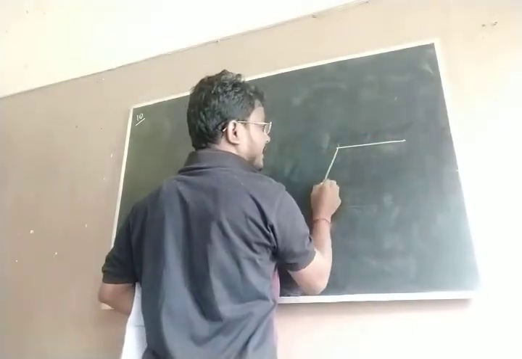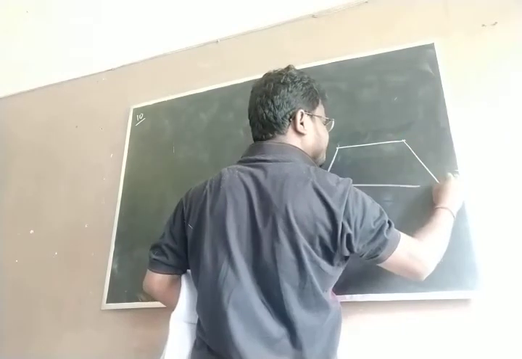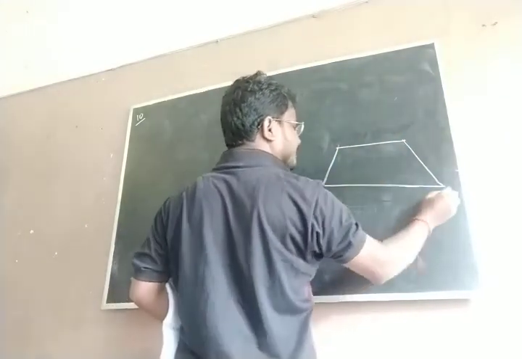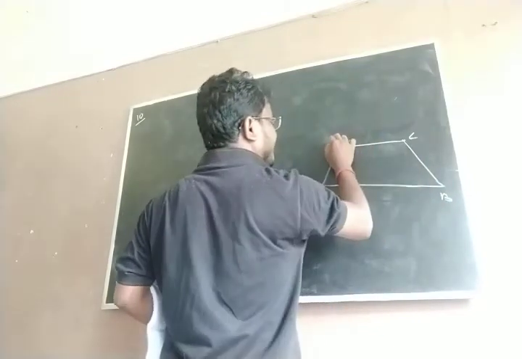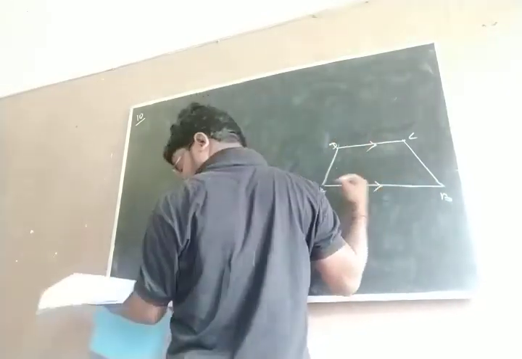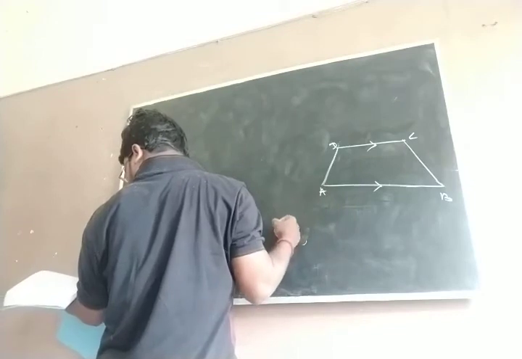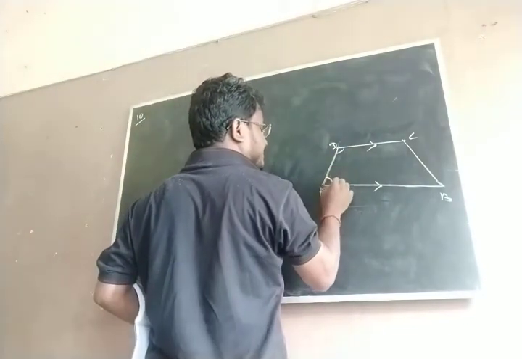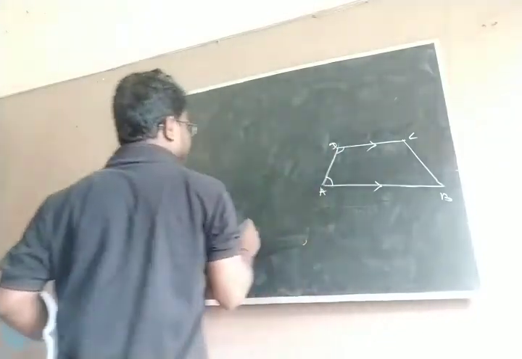One side will be parallel, it will be a trapezoid. ABCD, AB parallel to CD. Angle A is to angle D equals 2 is to 3. This is angle A, this is angle D.